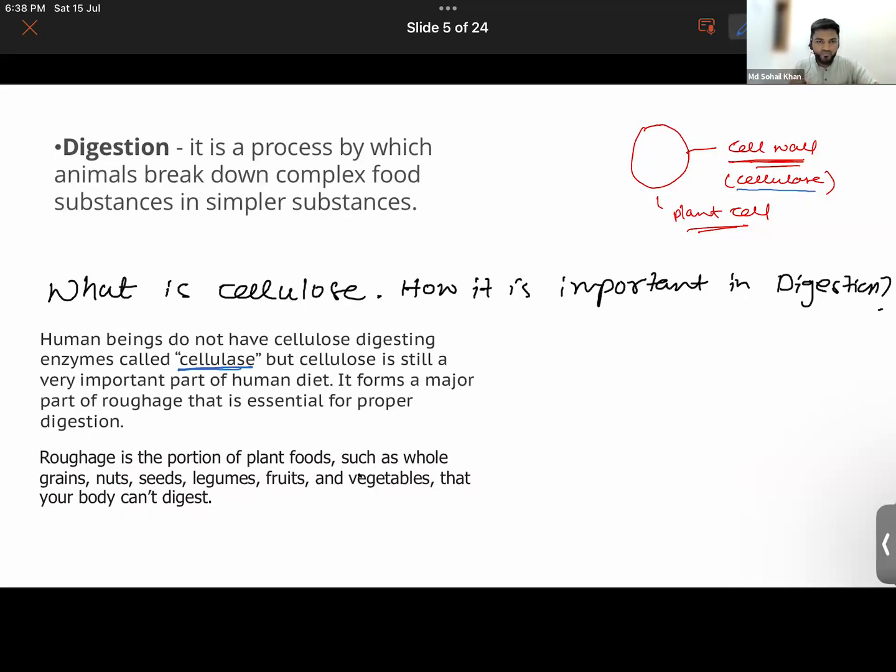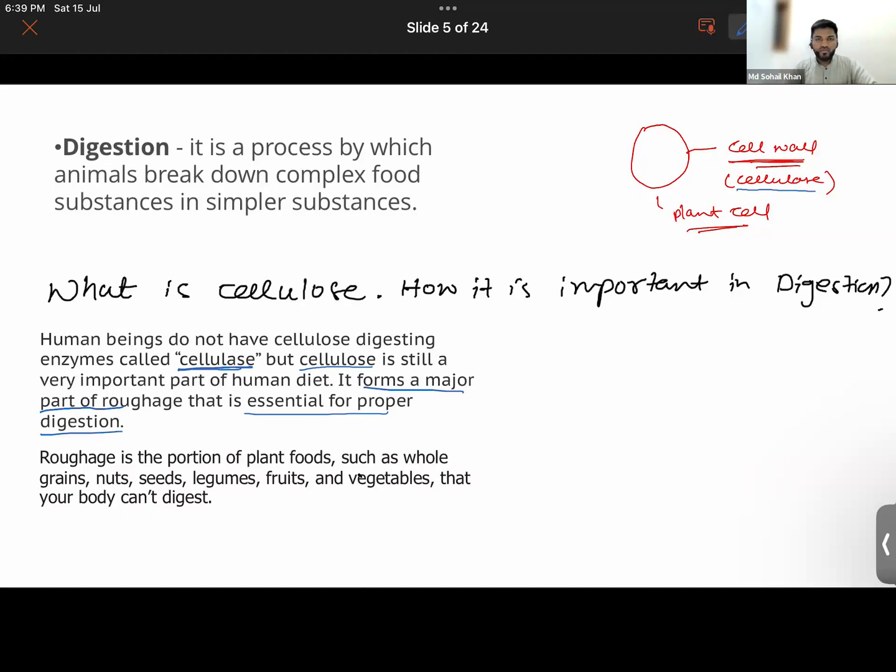That is the problem. Still, cellulose is not a problem for us. It is not getting digested in our body, but it acts as a very important part of the human diet, because it forms a major part of roughage that is essential for proper digestion.